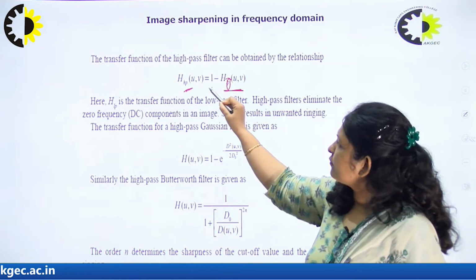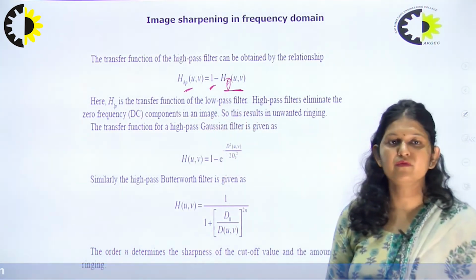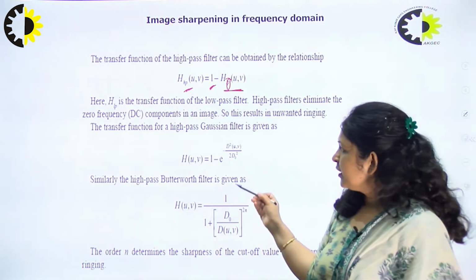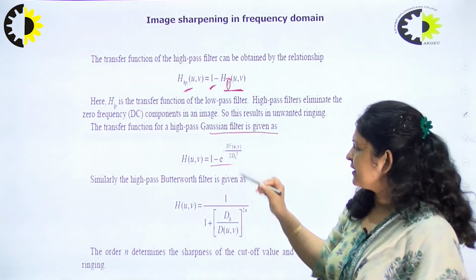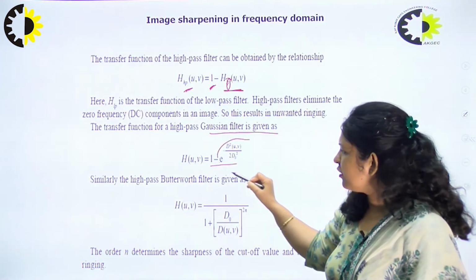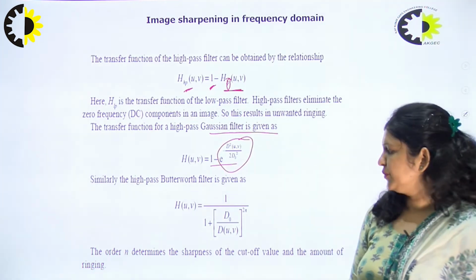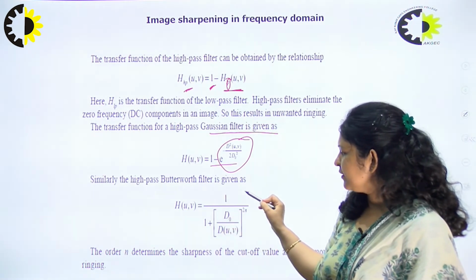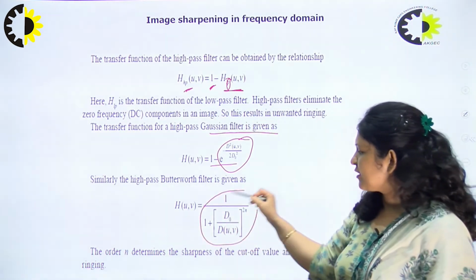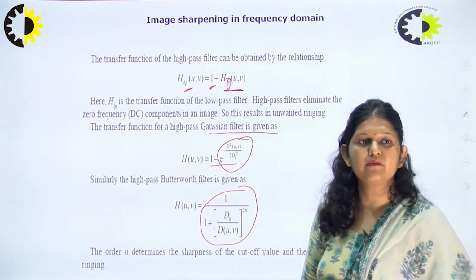So we just have to subtract it from 1. So the transfer function of a high pass Gaussian filter would be 1 minus this. This was your low pass filter value. Similarly, the high pass Butterworth filter would be, after subtracting the low pass filter from 1, this particular value.